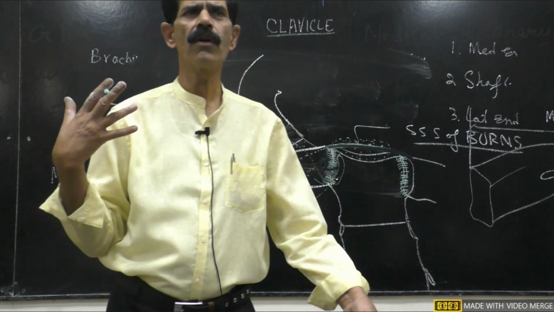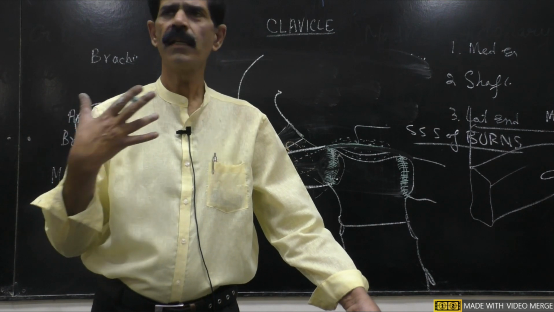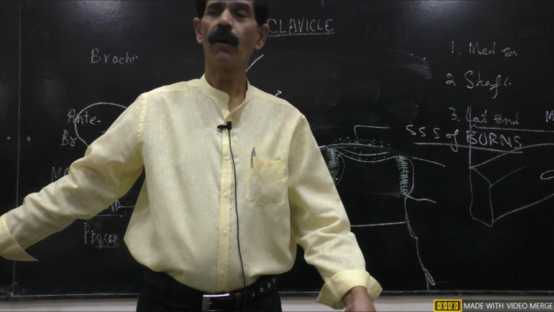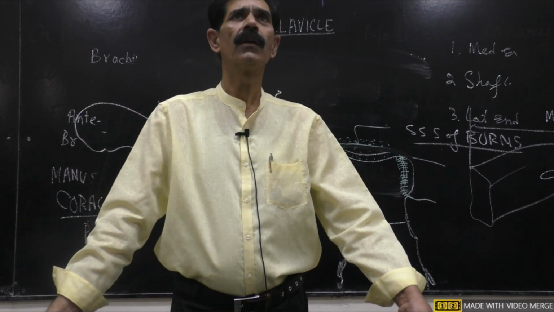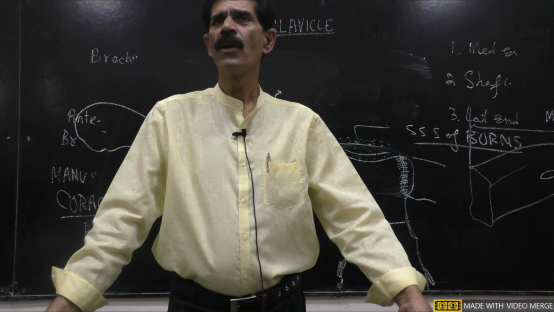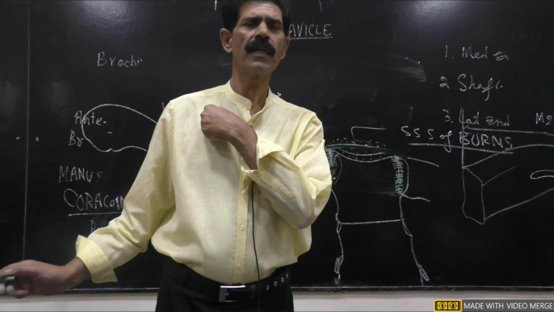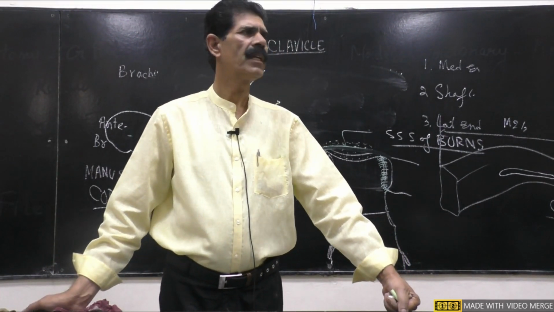So it is a non-weight transmitting bone, and it only keeps the arm away from the human body in all positions of the functional working of the upper limb. So that is important. Otherwise, if this clavicle is not present, the arm will come like this, and all the movements of the upper limb will be disturbed.